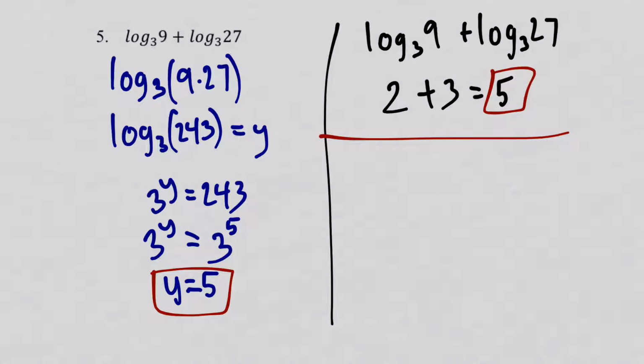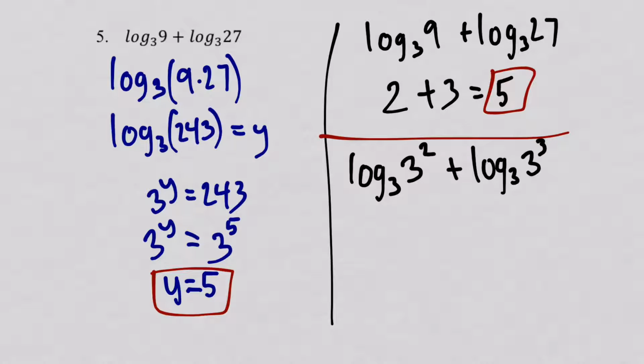What I'm going to do now is this one. I am going to write the 9 here. I notice that it's a power of 3, so I'm going to write it as 3 squared. So this is log base 3 of 3 squared plus, I'm going to do the same thing to the 27. Log base 3 of 3 cubed.